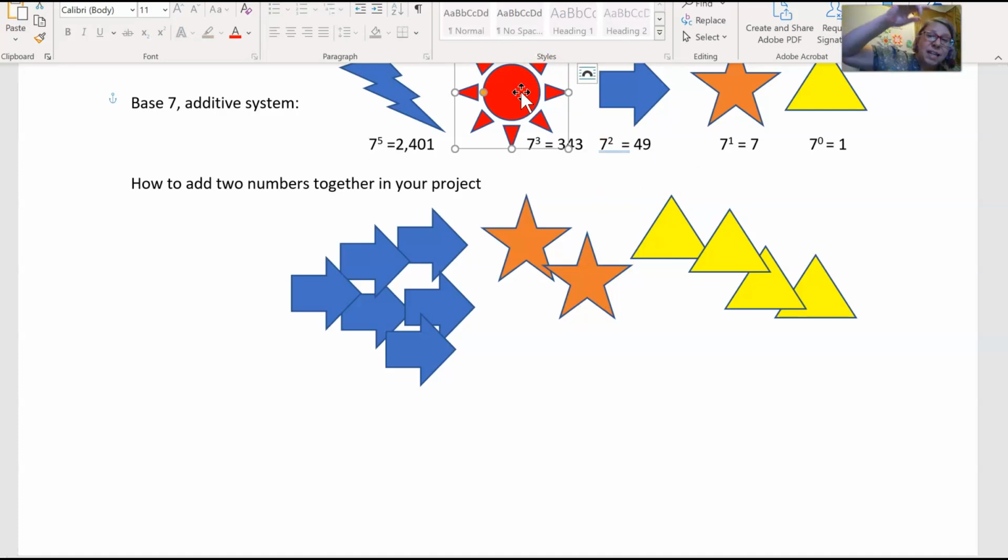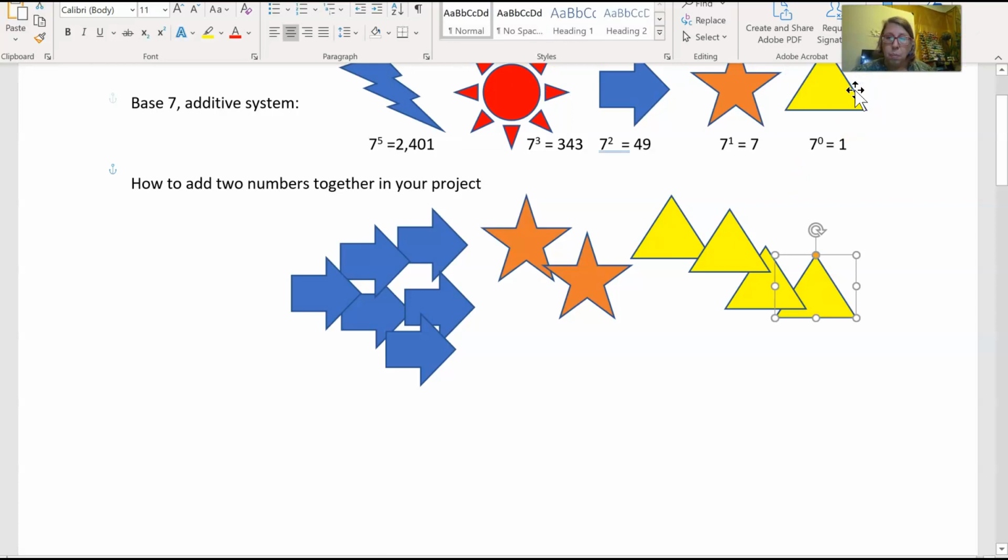I would have the sun instead of 7 arrows. Similarly, I would not choose to put down 7 triangles because 7 triangles would be a star. So in my base 7 system, I'm only allowed to have 6 of a given symbol, not higher than 6. So I'm going to keep that in mind as I create my number.